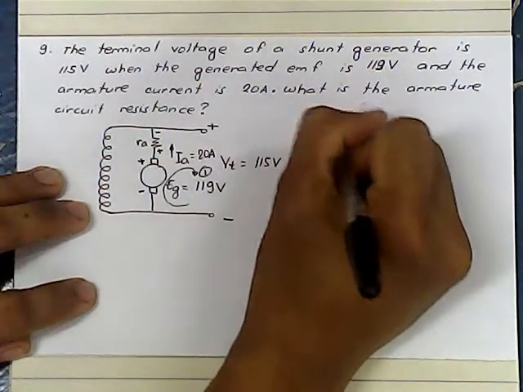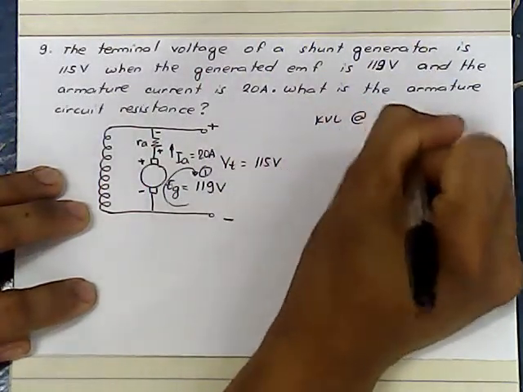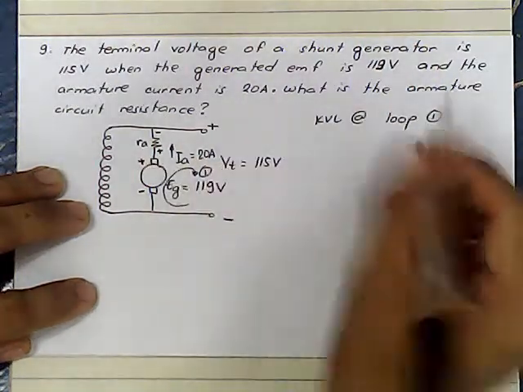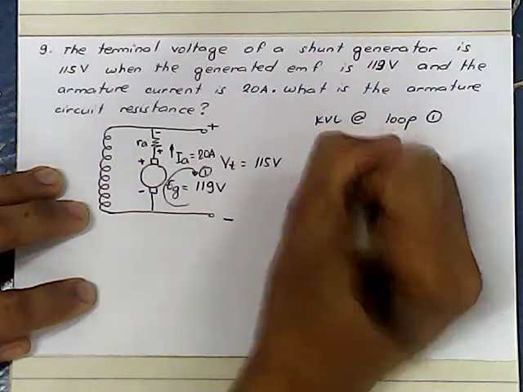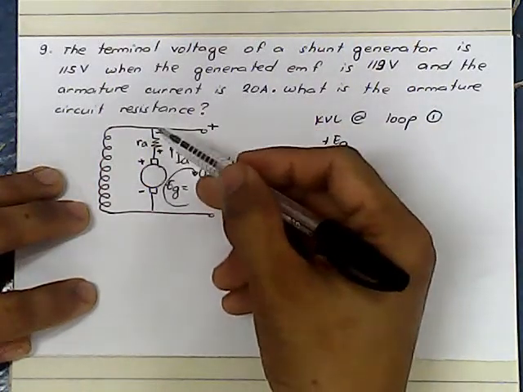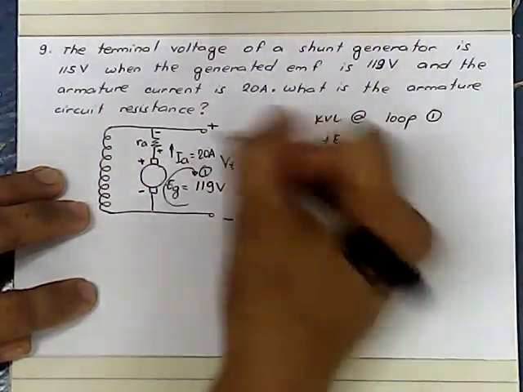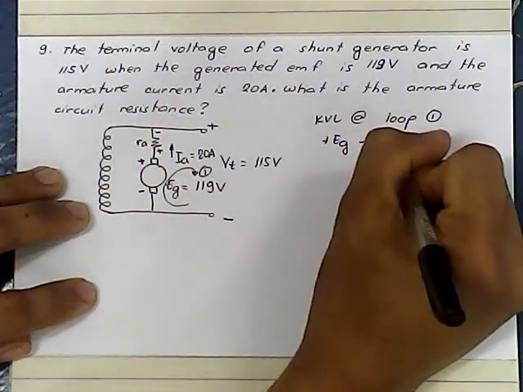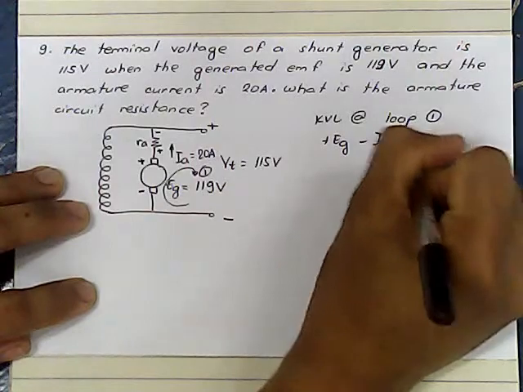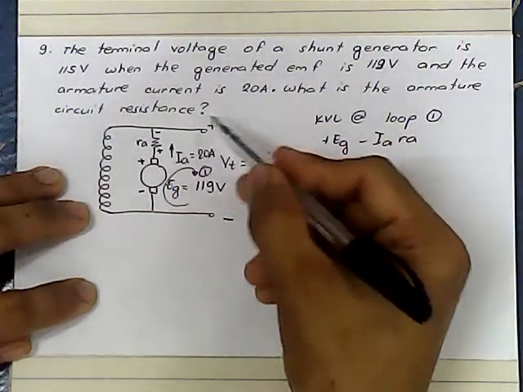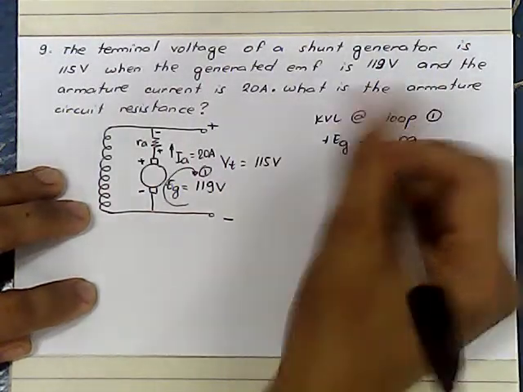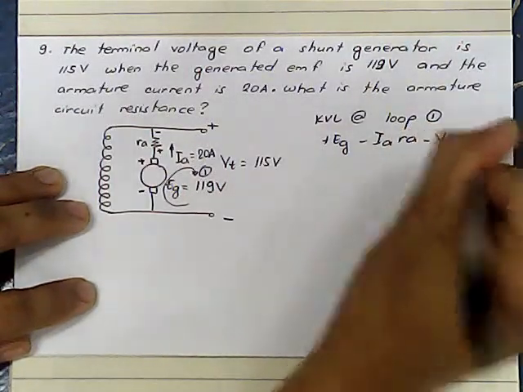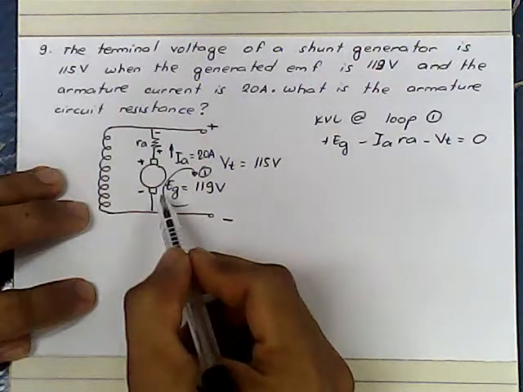So, KVL at loop number 1, that will give us, again, positive EG. Then, next, negative. So, yung RA ang dinaanan, kinakailangan natin magdagdag ng, multiply tayo ng kuryente, IA, RA. Next, ang dadaanan niya dito is the VT. So, negative po yun. So, negative VT is equal to 0 dahil babalik na tayo sa EG.